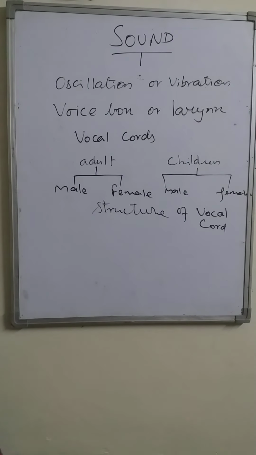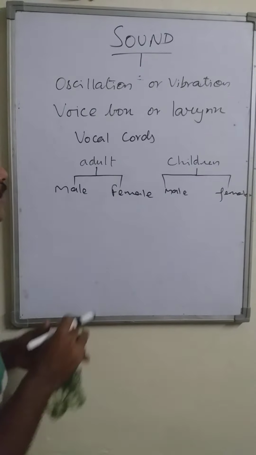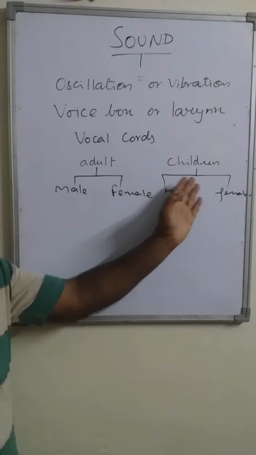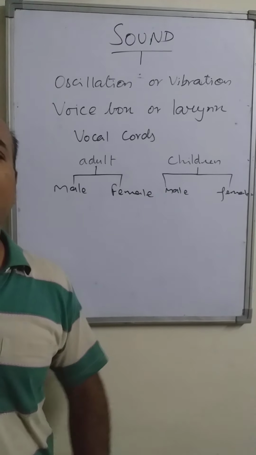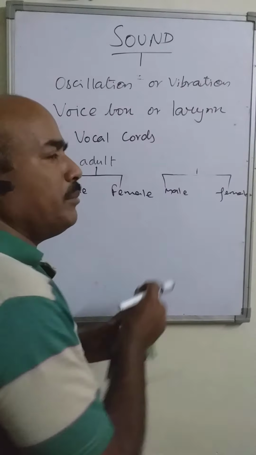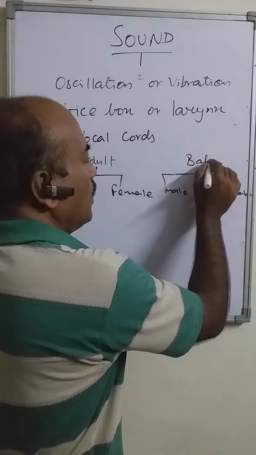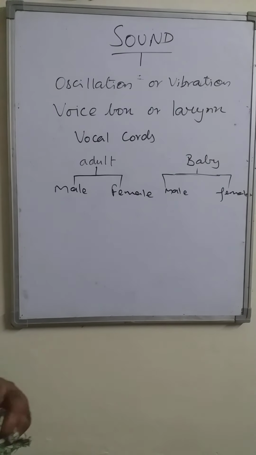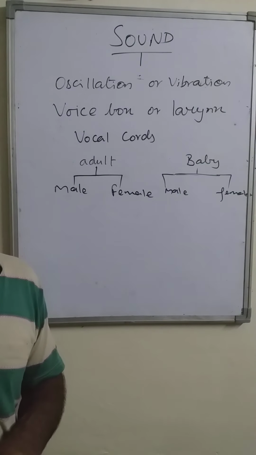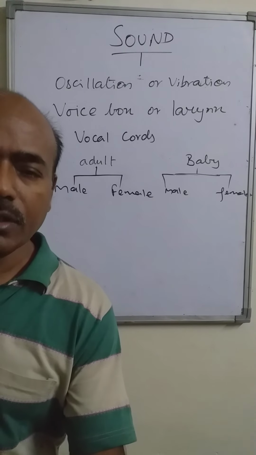Now we come to the nature of sound from adult male, adult female, child male, child female. In the place of child, we can take the babies, small babies. In this sound, the length and thickness of vocal cord matter.